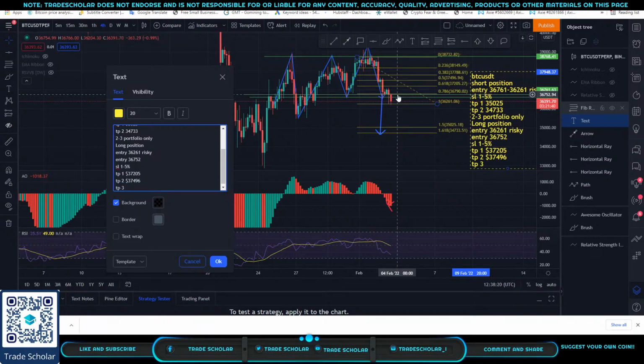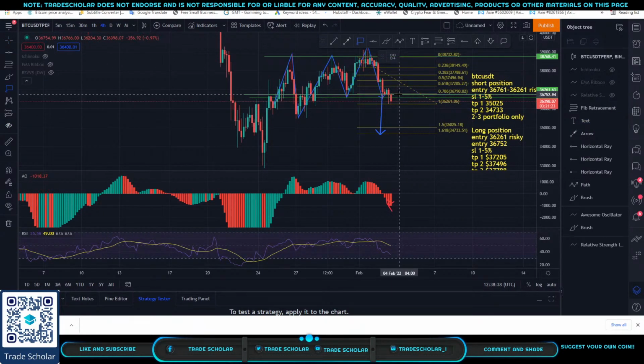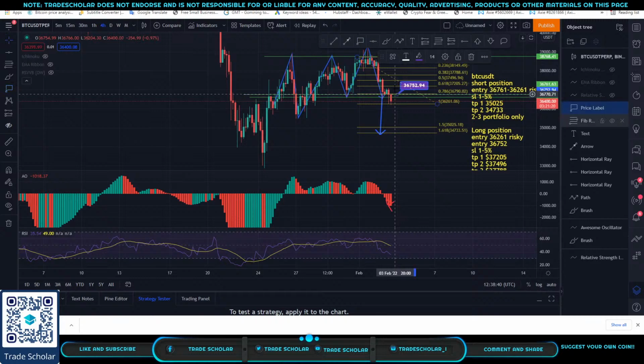TP3 will be 3778. Let me make a space here. I always give where it would possibly be the bouncing area and the rejection area. So this will most likely be where we can enter.